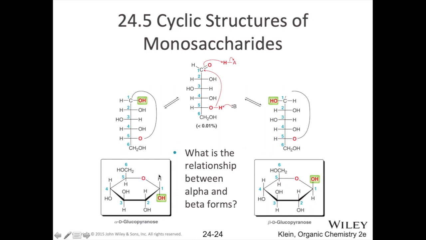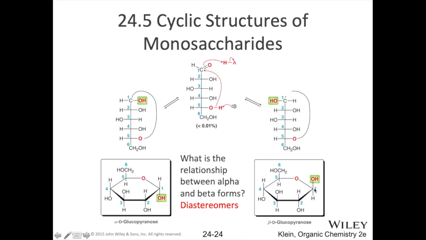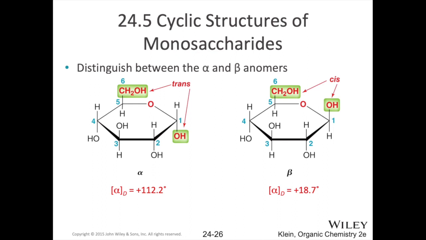In terms of the relationship between your alpha and beta anomers, note that this number 1 carbon is now a chiral center, right? So while it was achiral as a carbonyl, once that alcohol group forms, these are 2 chiral centers. So accordingly, keep in mind that all these other chiral centers are staying intact. You're only flipping that anomeric carbon, and so these 2 molecules are diastereomers of each other.